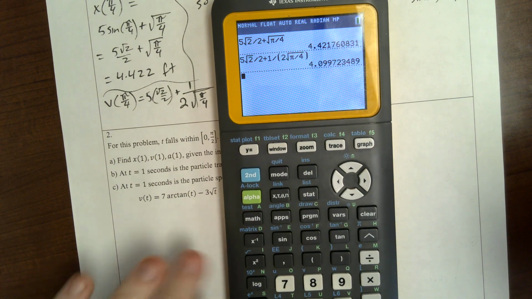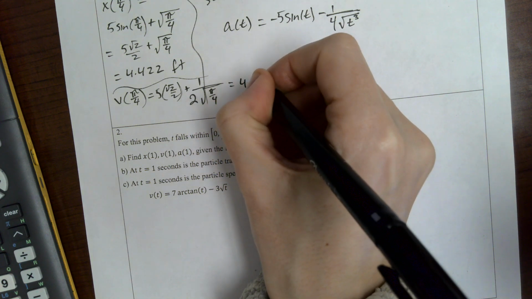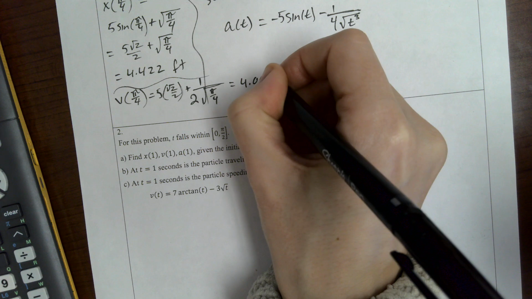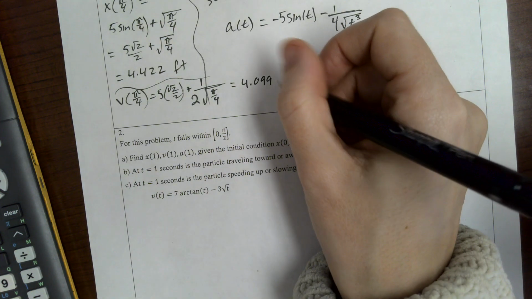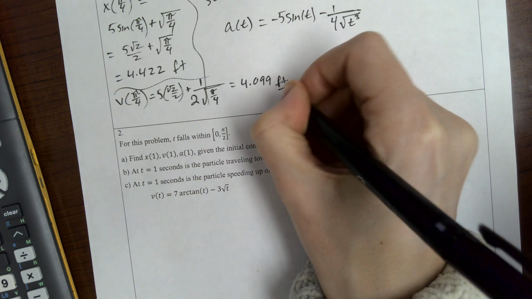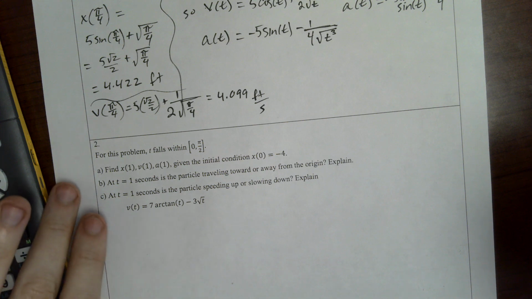All right. Okay, 4.0. We could just drop the 7. So I could just go 0.99. You don't have to round up. And this is feet per second. Okay, we won't do the second problem, guys.